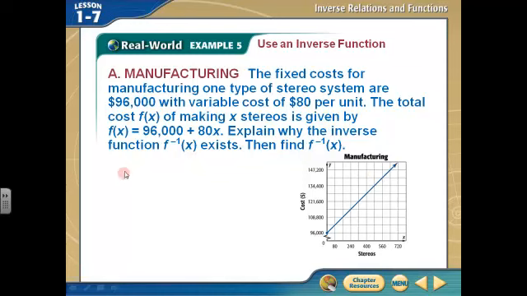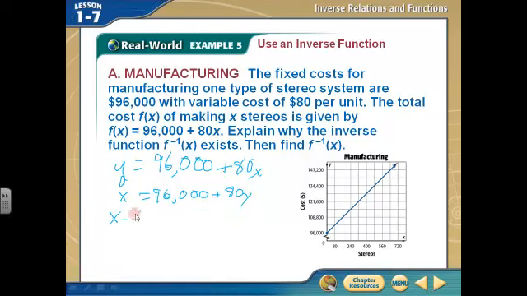Now find it. So we take y equals 96,000 plus 80x. Switch the x and y around. x equals 96,000 plus 80y. Solve for y. So now I've got x minus 96,000 equals 80y.